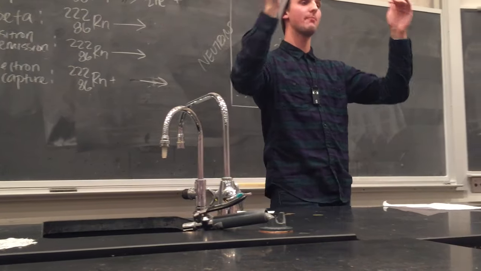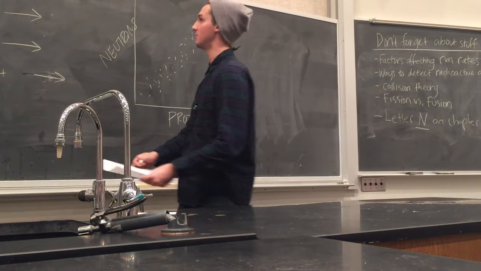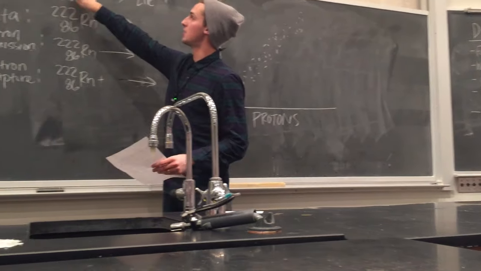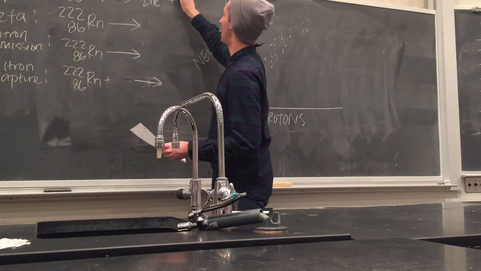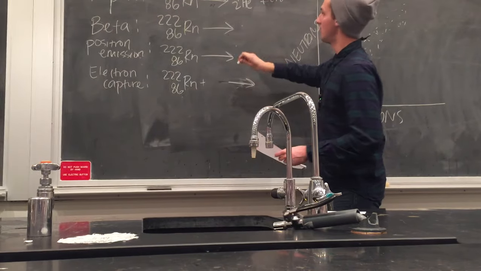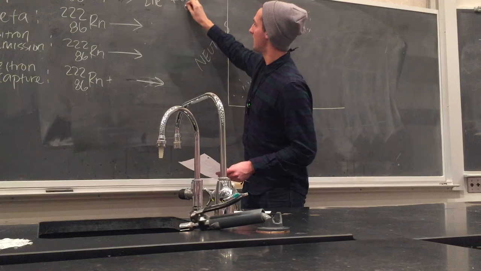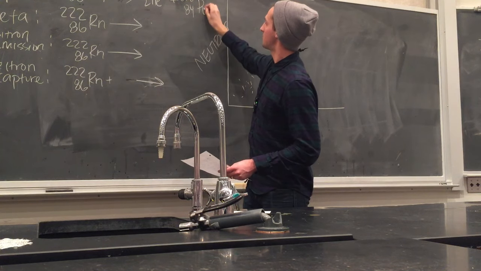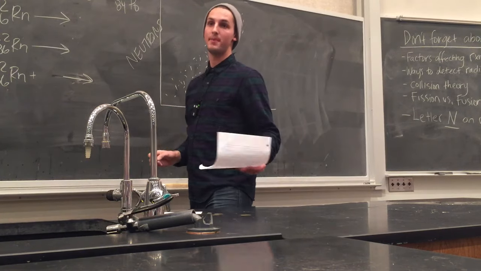We're going to get the top numbers to equal across, and the bottom numbers to equal across. It's that simple. So I have 222 over here, and I know I have to add up to 222 over here. So to get there, I'm going to need 218. I have 86 over here, and I already have 2 over here, so I'm going to get 84, and that's polonium. Okay?